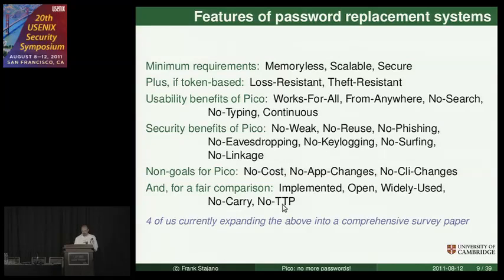And no TTP, no trusted third party. Are you relying on something that holds some credentials that would allow this entity to impersonate you if it became malicious? There's a wonderful definition of the trusted computing base by Bob Morris Sr., recently passed away, senior NSA scientist.